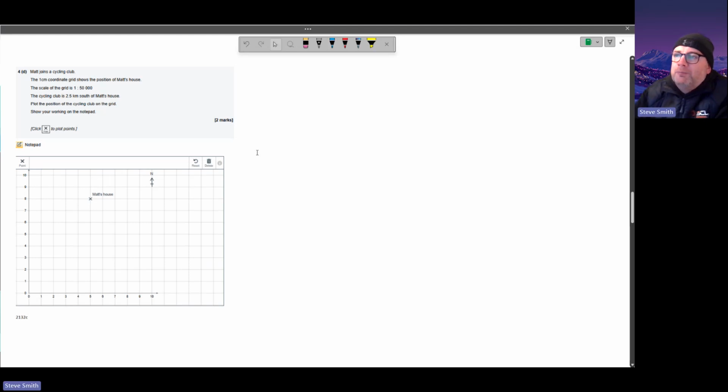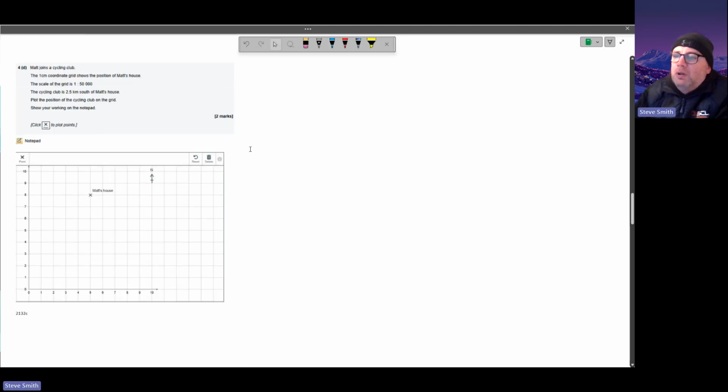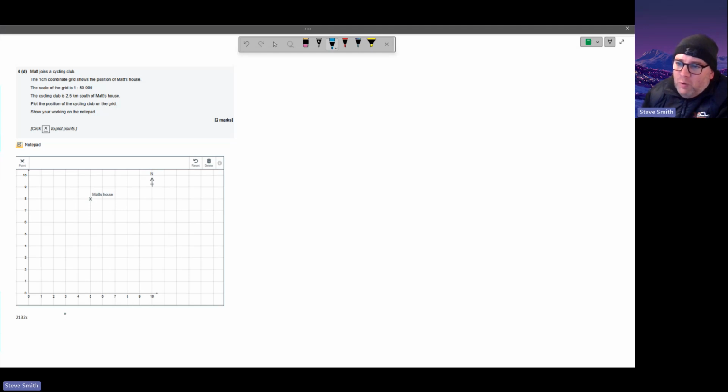Okay, so let's just scroll down here a little bit. So we know that 1 centimeter on the map is the same as 50,000 centimeters in real life. And we know that the cycling club is 2.5 kilometers away from Matt's house. It's a calculator paper.